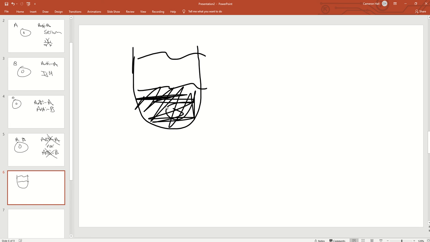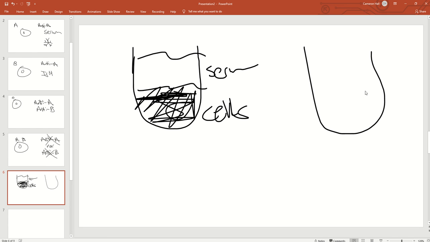The bottom part I'm coloring in here represents the cells. We'll just say serum. But that barely happens anymore. When we talk about giving red cells, we really mean just packed red cells. So most blood transfusions are just packed cells, and they will give plasma and all that, but they do it separately, and they'll match it accordingly.